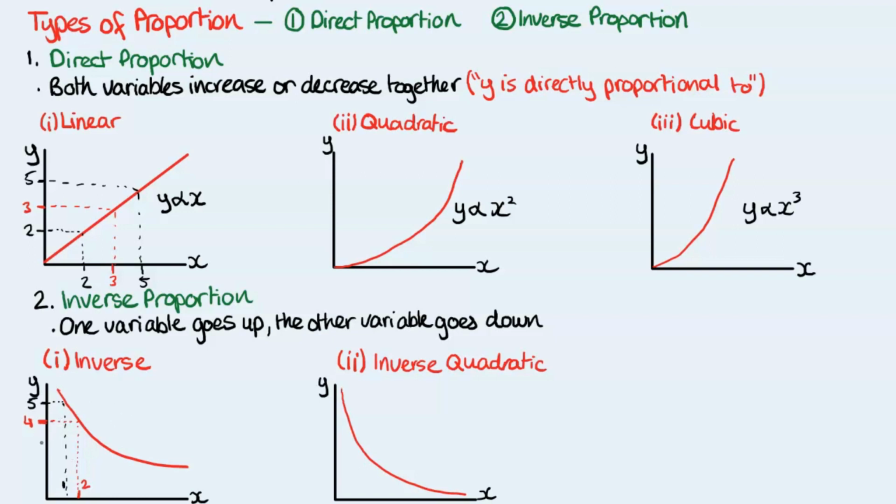So when I go up the y-axis, I go down the x-axis. What we can say is that y is inversely proportional to x, and as it's linear, it'll just be a single x. Then for the inverse quadratic, it'll be similar: y is inversely proportional to 1 over x squared.